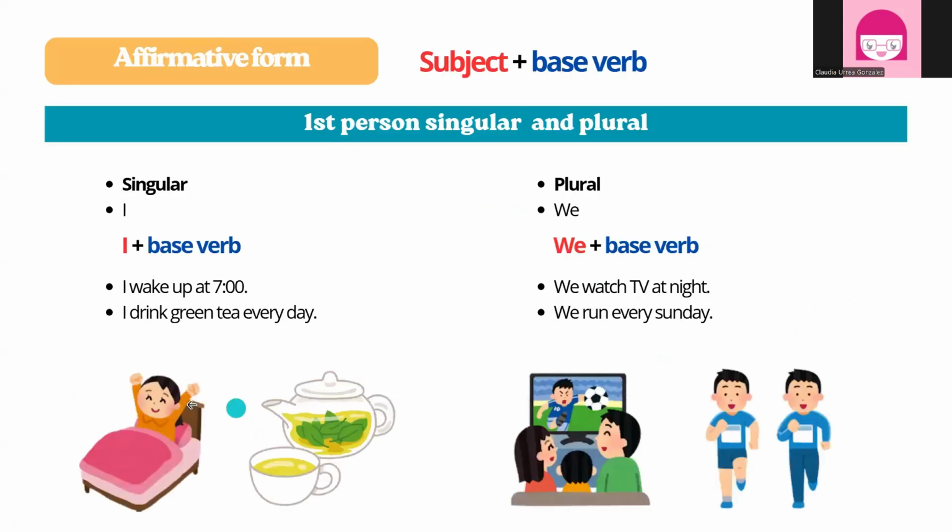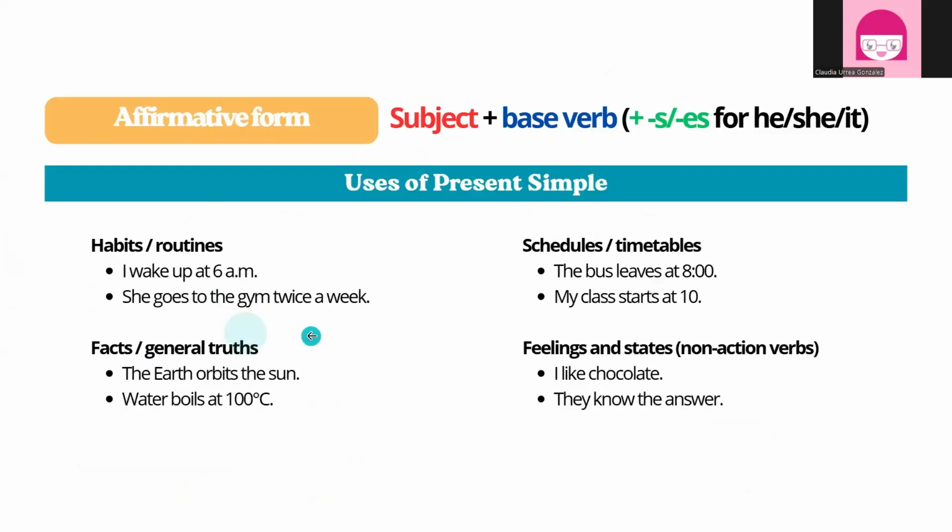Okay, let's see some examples with first person, singular and plural. Can you tell me what the first person is? Yes, in this case, the singular is I, and the plural is we. So let's make an example with I. I wake up at 7 o'clock. I drink green tea every day.